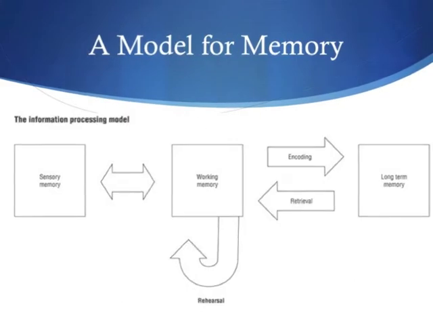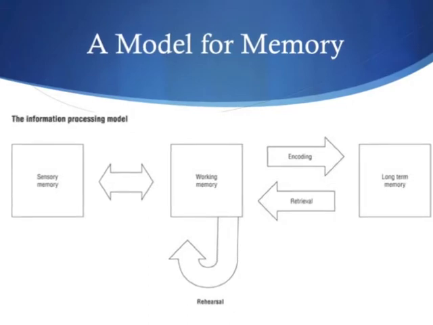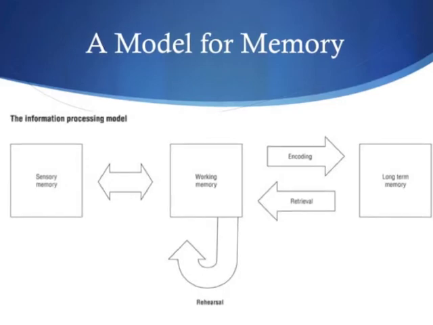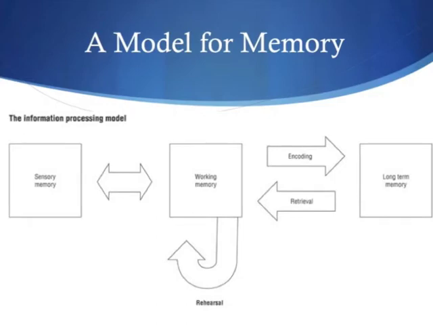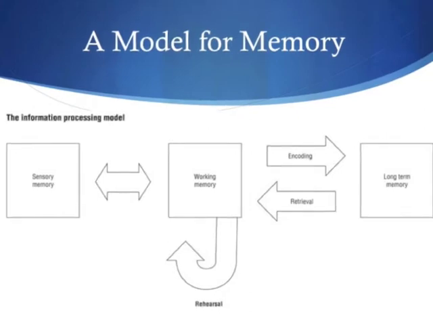Information processing theory says that in order for information to be effectively taken in, those memories to be made, it has to move through three parts. First is the sensory memory or the sensory register that takes in the information. It's the first place all that information goes. Then it moves into the working memory, which is also called short-term memory, which has a small capacity and a short duration.